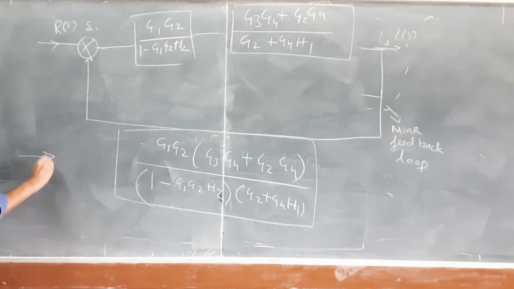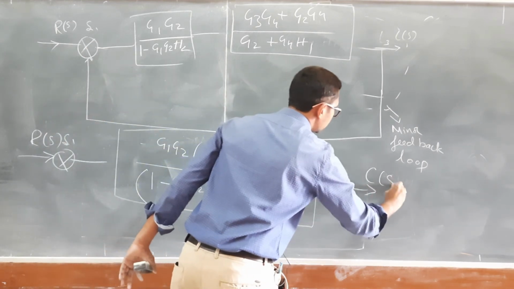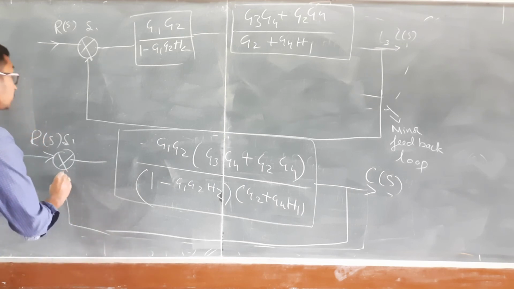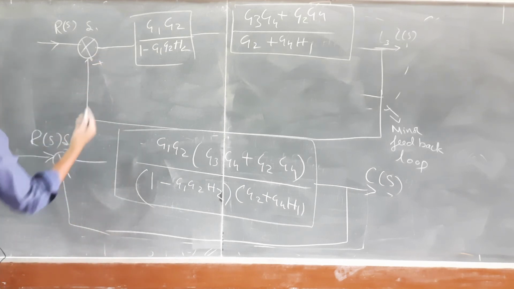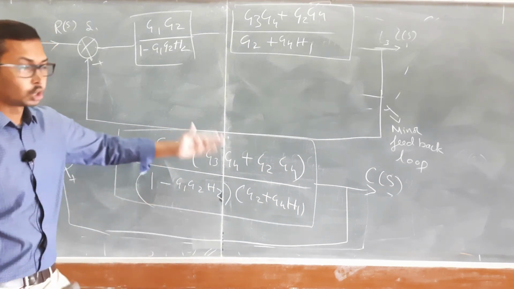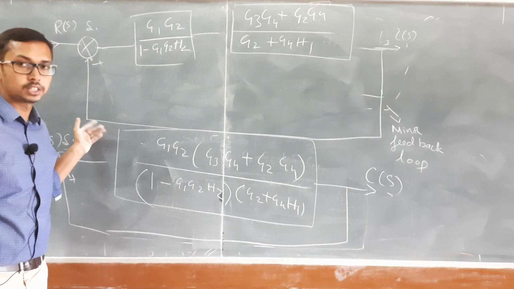Next we have R of S and summing point 1, and the output is G of S, and we have a feedback system, right? With the symbol of what? Plus. If nothing is there, we consider it as a plus. Do you have any blocks in this feedback signal?